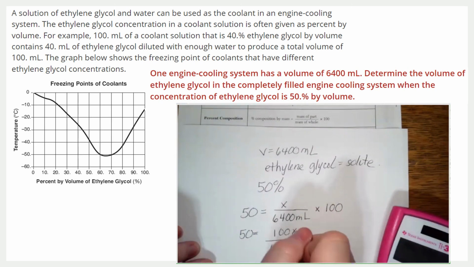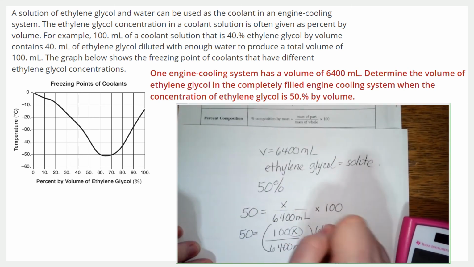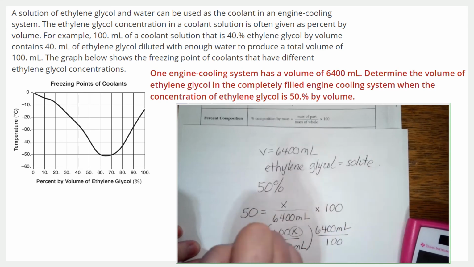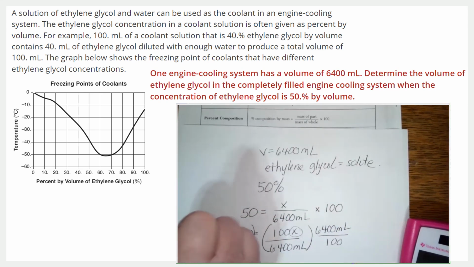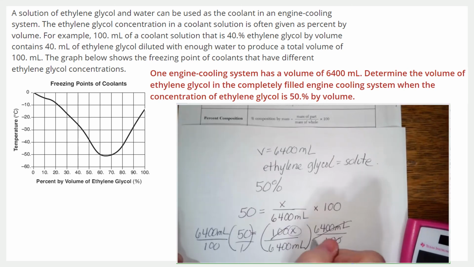I want x by itself, so I can multiply by 6,400 milliliters over 100 on both sides. The 100 crosses out, the 6,400 milliliters crosses out. So all I need to do is 6,400 times 50 and then divide by 100.